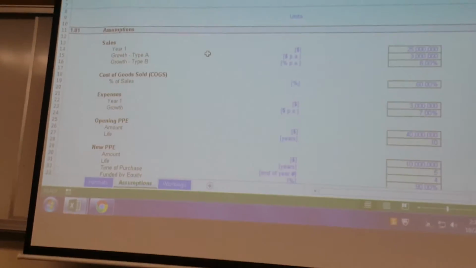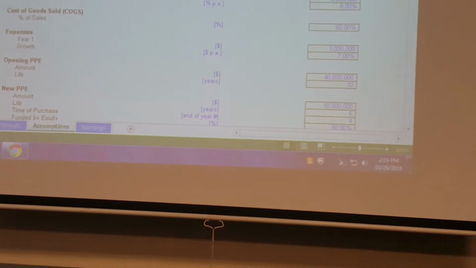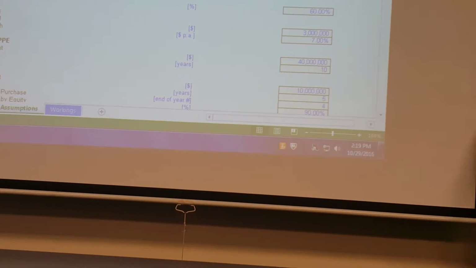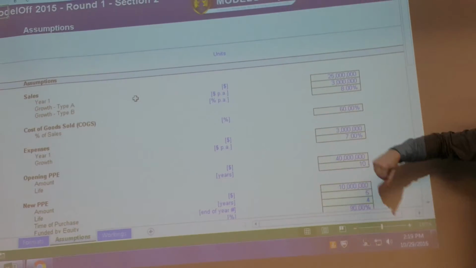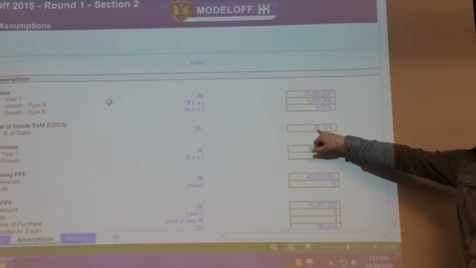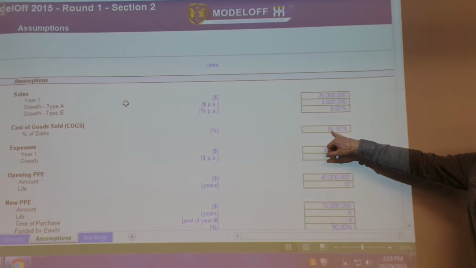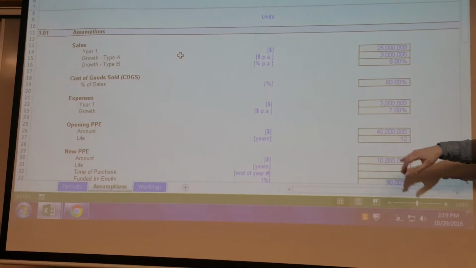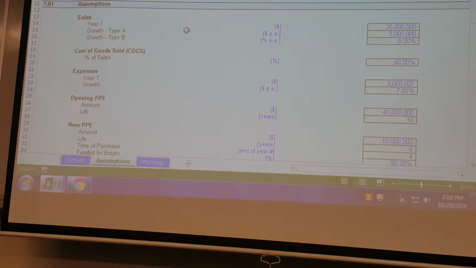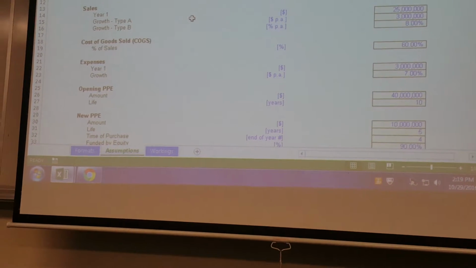If I pick up this model tomorrow and say, how would the value of this company change if sales started off at only 20 million, but went up by at least 4 million every year, and COGS we could bring down to 55% by making some rationalizations, and we can slow down expense growth to only 6%? If I make all of those changes, what's the value of the company now?